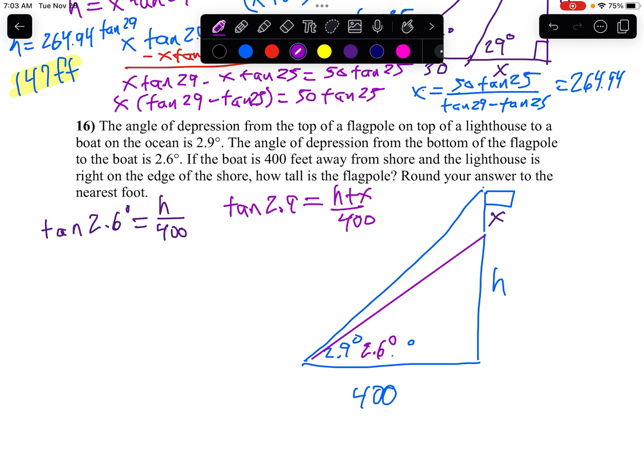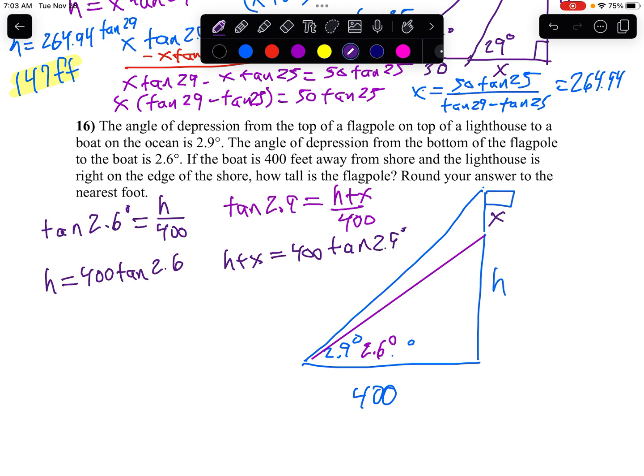Okay, so I have an h in both of them, so I'll solve for h in each one. So h equals 400 times the tangent of 2.6, whereas h plus x equals 400 times the tangent of 2.9 degrees.